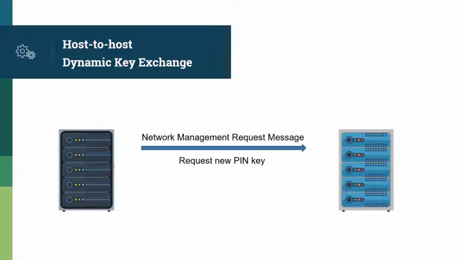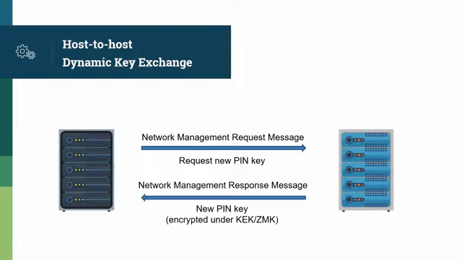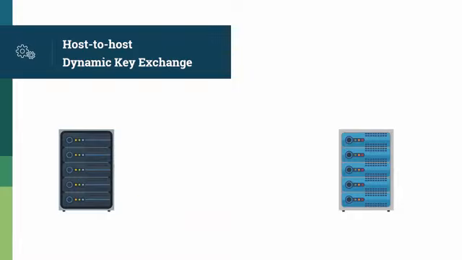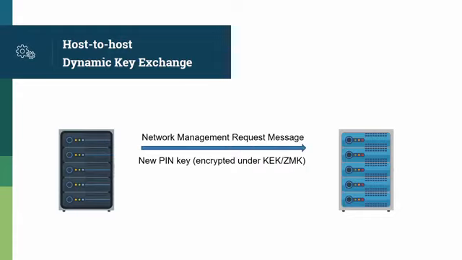Typically, either one host makes a request for a new PIN key to the other host, and this one replies with a new PIN key that it sends encrypted under the key encryption key. Or it's the other way around, with one host indicating to the other one that it generated a new PIN key, and sending the new PIN key encrypted under the key encryption key to the other side.